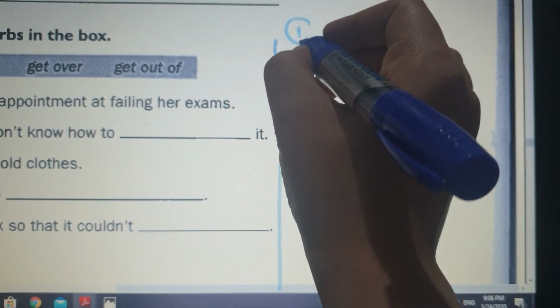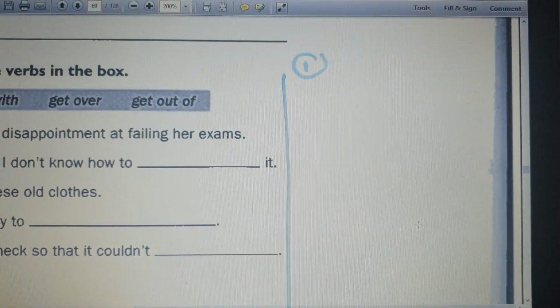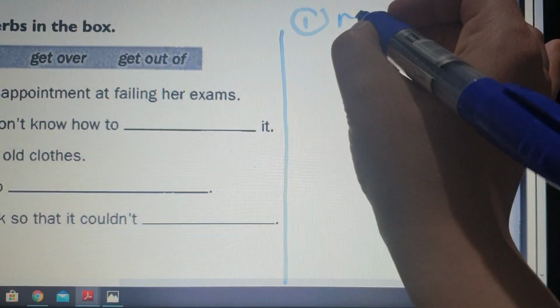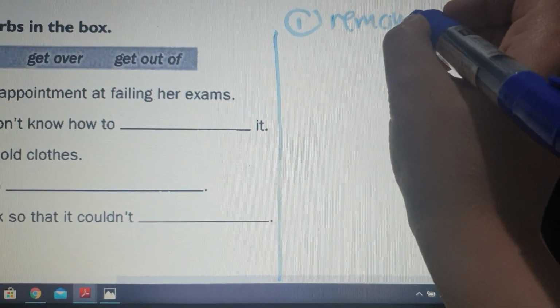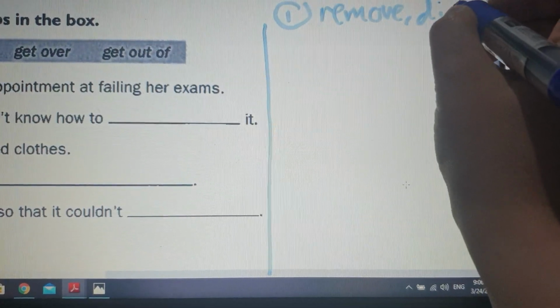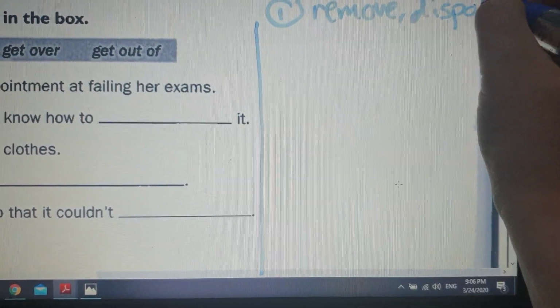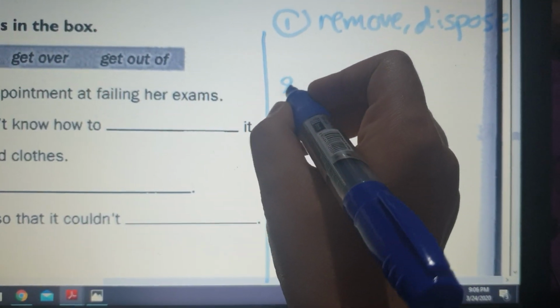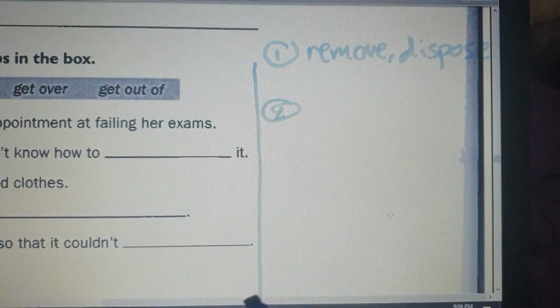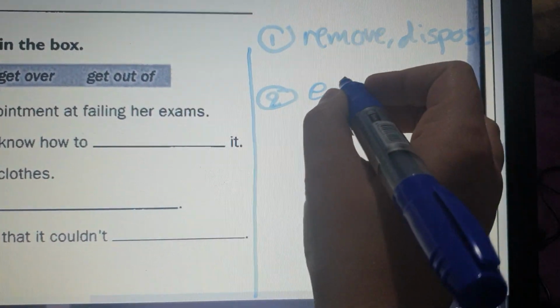Number 1, which is get rid of. Get rid of, to remove something or dispose it. Number 2, get away, escape.